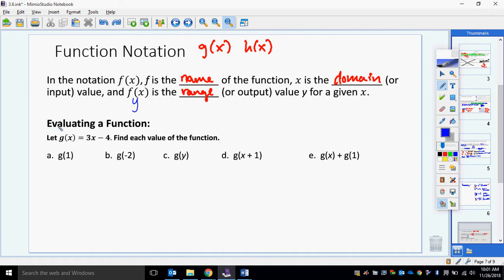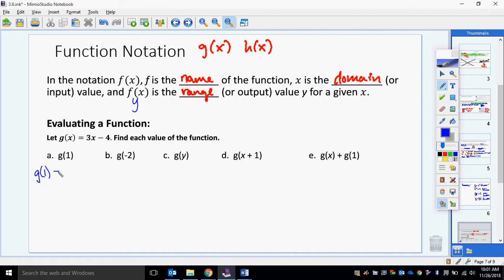Okay, so evaluate this function. Example A says g of 1. So 1 is the input. It's in the x's position. It's not g of x, now it's g of 1, which means we're inputting 1 into this function where we see an x.